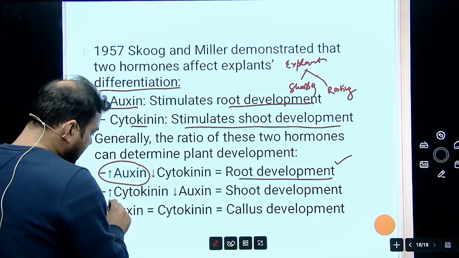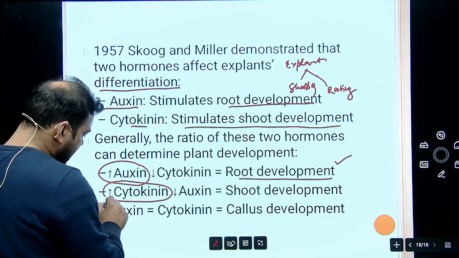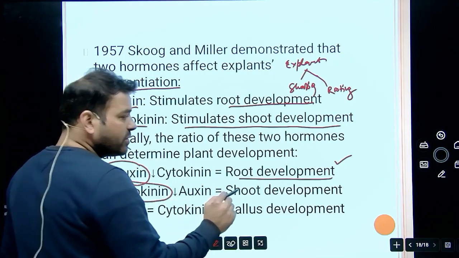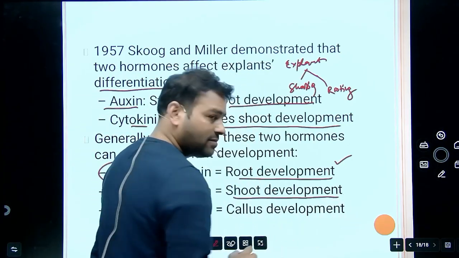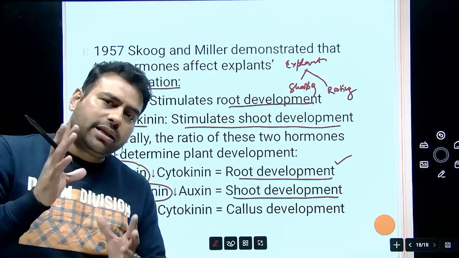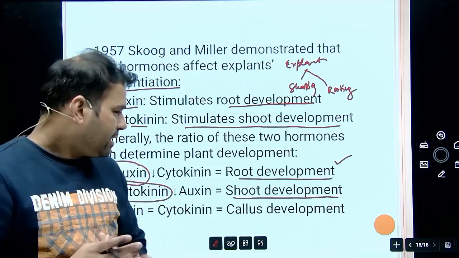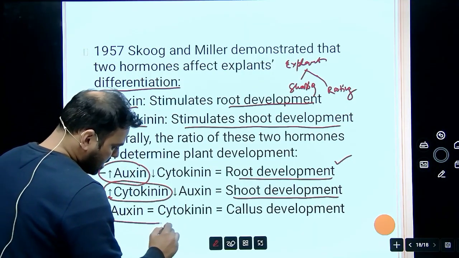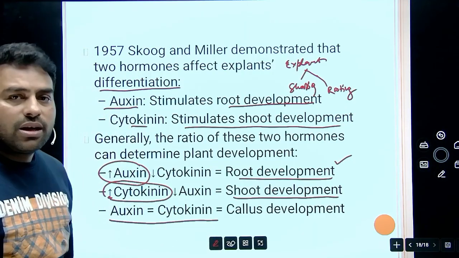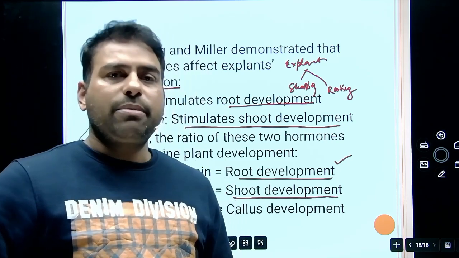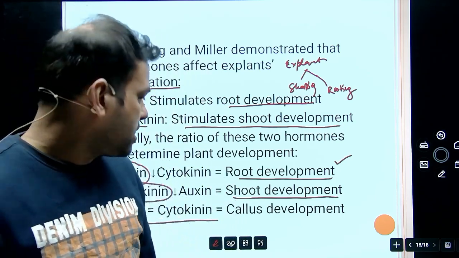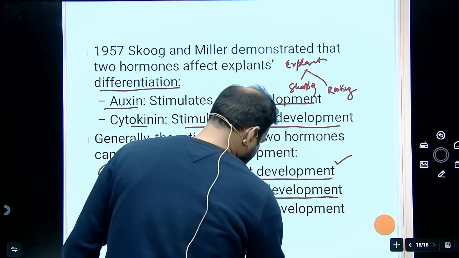And if we are using a higher concentration of cytokinin, then shoot development will be there. If we want to develop shoot and root parallelly, then we have to use equal concentrations of both components for the callus development.